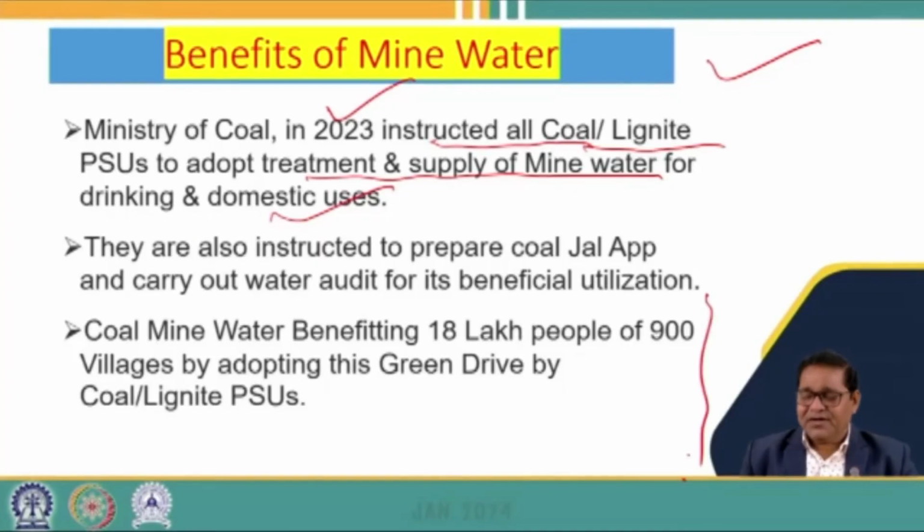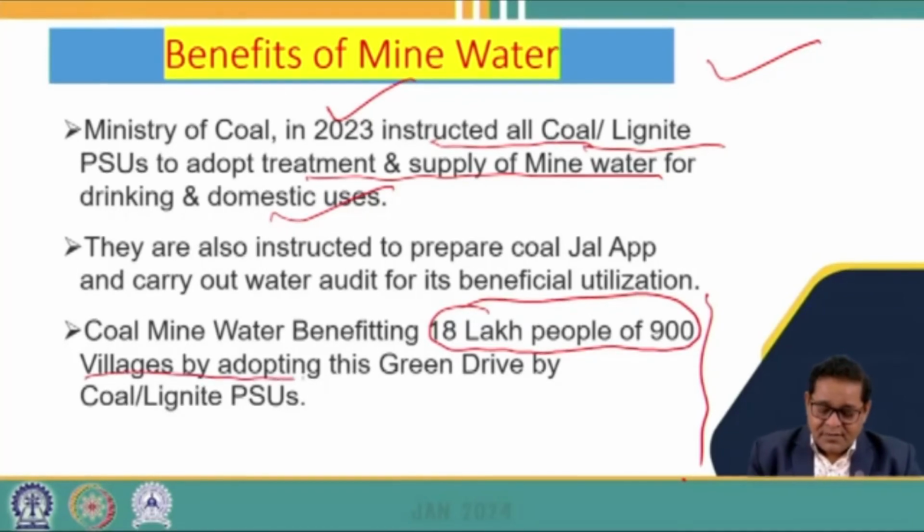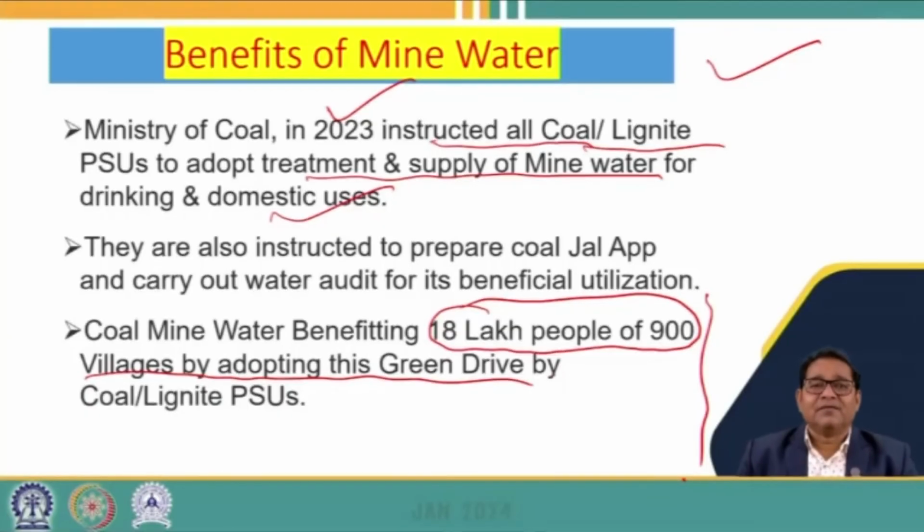Because of these green initiatives taken by the Coal Ministry, coal mine water is now benefiting around 18 lakh people of 900 villages through this green drive by coal and lignite companies in the country.